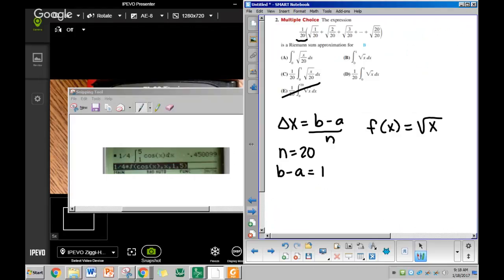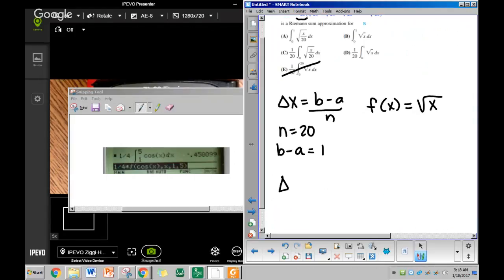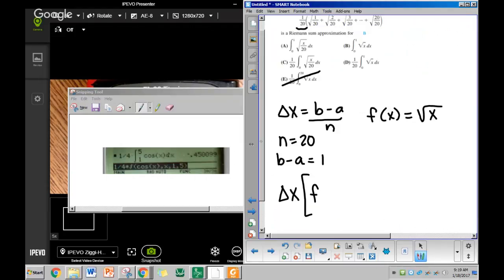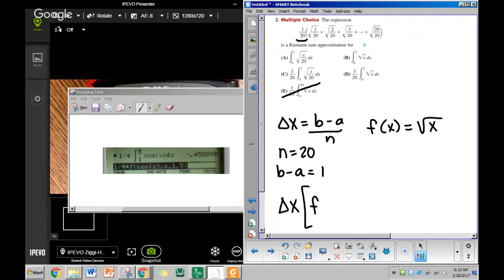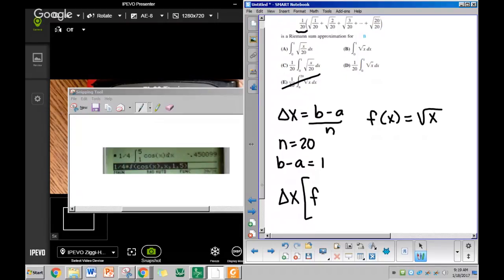She's right. Why? Because what do we plug in our formula? You usually say f of x, or delta x times what? F of x. Well, this would be my first rectangle, this would be my second rectangle, this would be my third, this would be my 20th rectangle, right?